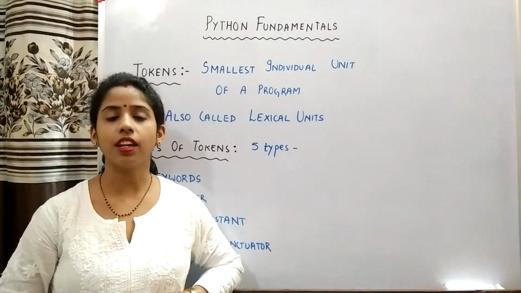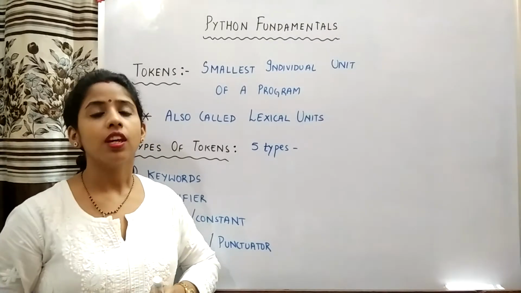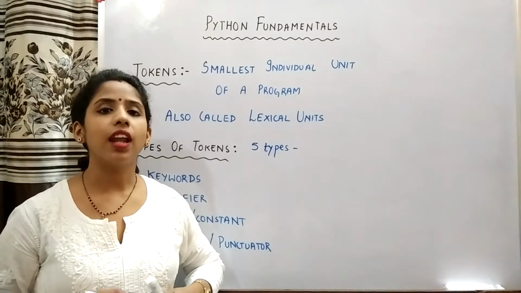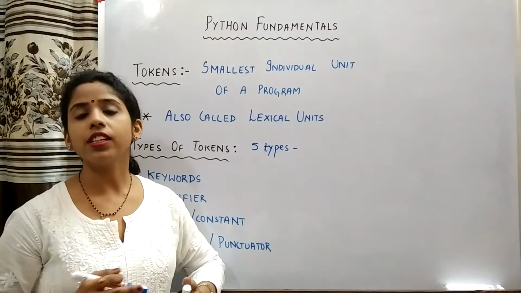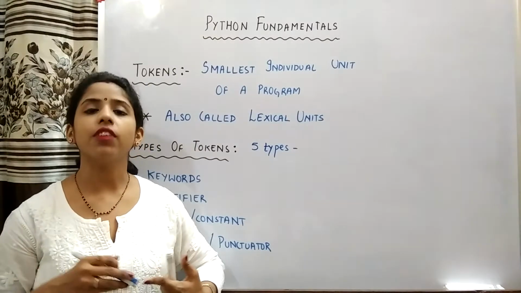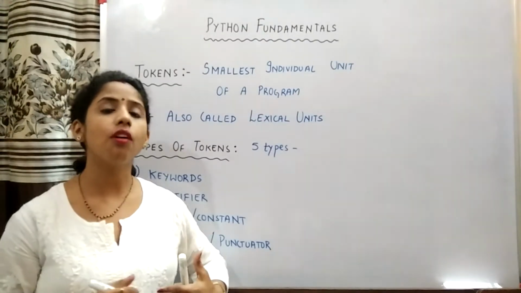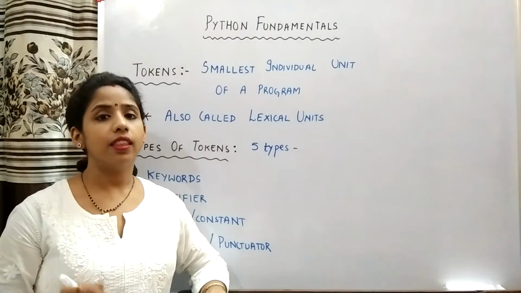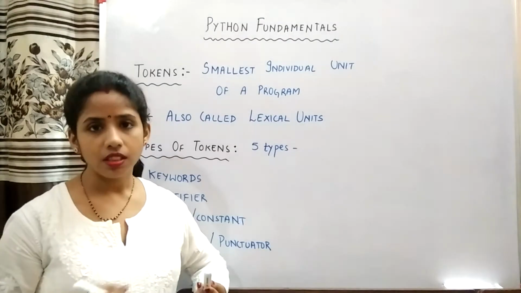Then the next thing is tokens. You know children, whenever you study any language, the statements of that language are composed of certain small units. Like if I take example of English language, then every statement of English language, or you can say every sentence of English language, is composed of certain words and then punctuation marks and then various other parts of the sentence.